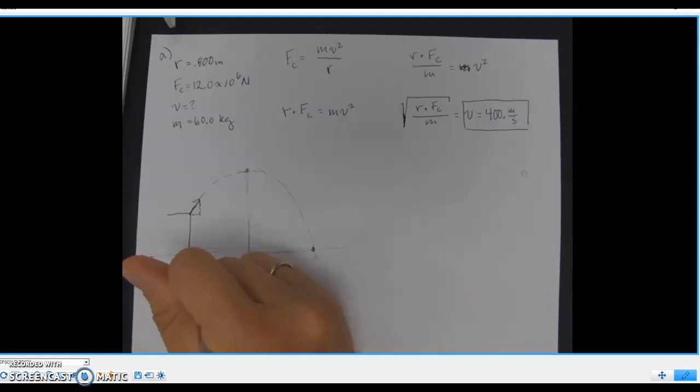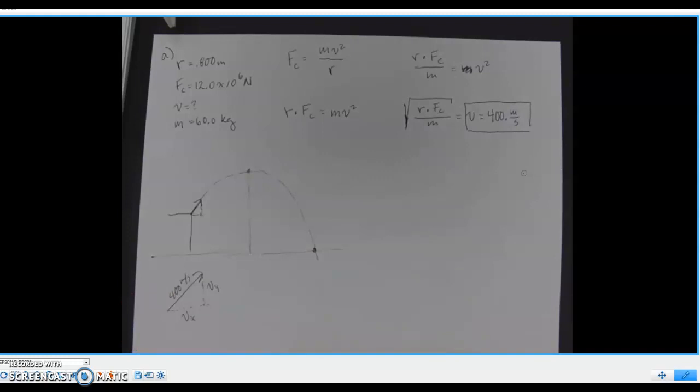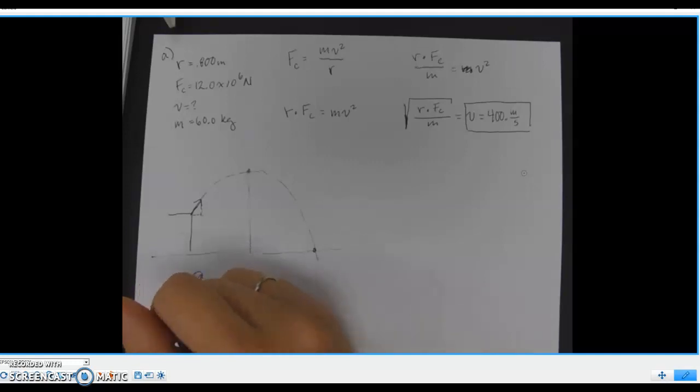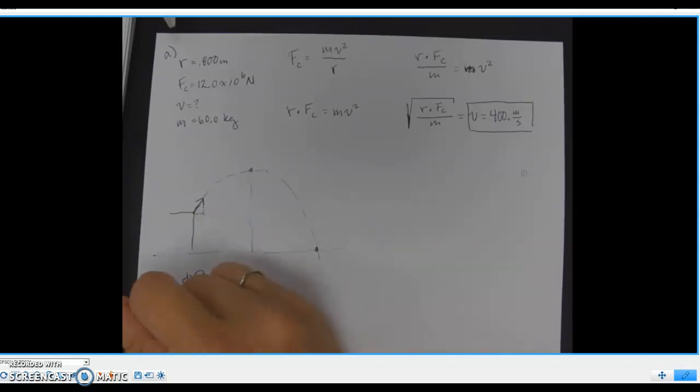And this 400 meters per second can be broken into velocity in the y direction and velocity in the x direction. In the problem, it says he throws it at a 20-degree angle above the base of the cliff, like a 20-degree angle above horizontal would be better wording there.